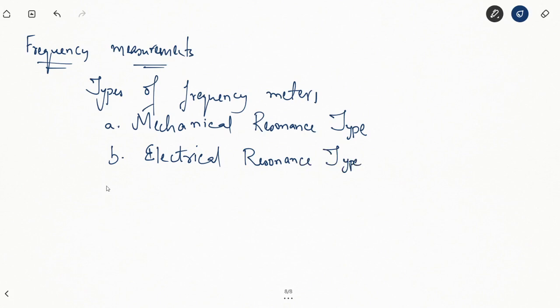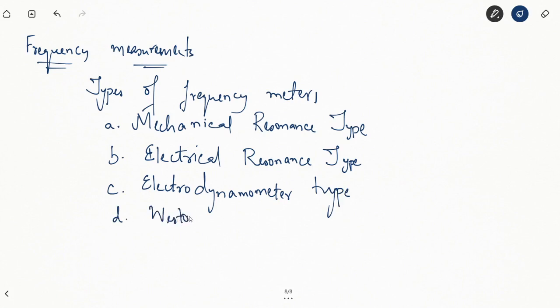Thirdly, we have the electrodynamometer type. And fourthly, we have the Western type.